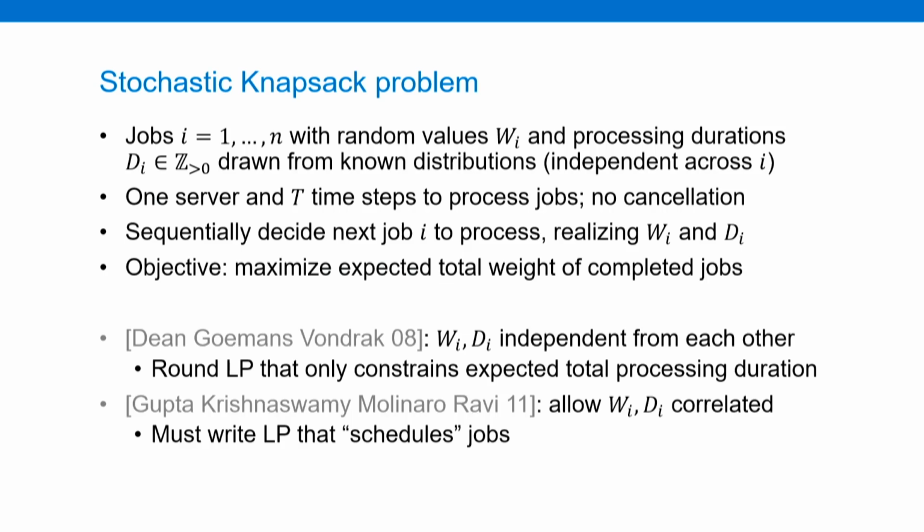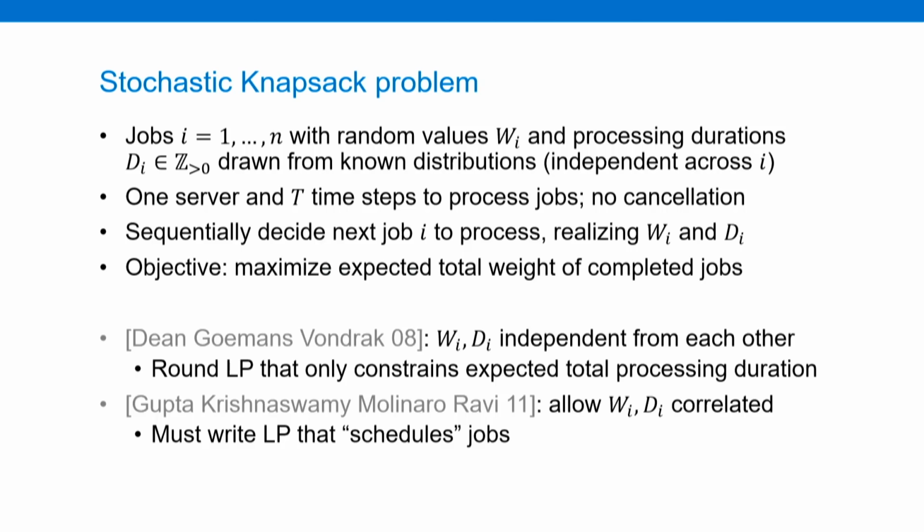In that case, there's only a purpose of starting that job if you have enough time left so that there's a chance that job takes its long processing time and takes its high value. So you can't use this small LP anymore. It'll have an exponential gap, actually. Unbounded gap. So you have to write an LP that schedules jobs.